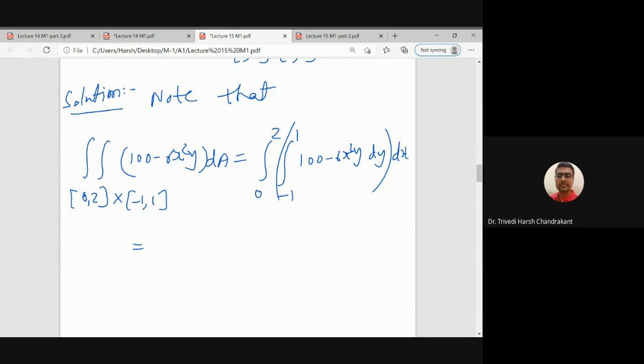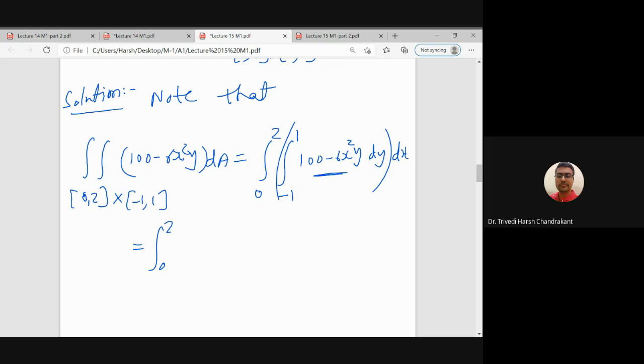Integration, all these things we already know. So let us integrate this function with respect to y. This integration is something like partial derivatives, right? Here we are integrating the function partially with respect to y. So whenever we integrate partially with respect to y, our x variable is constant.